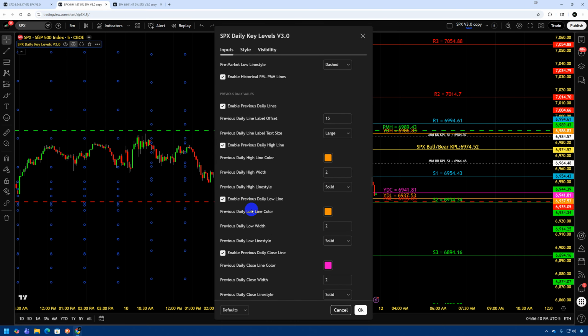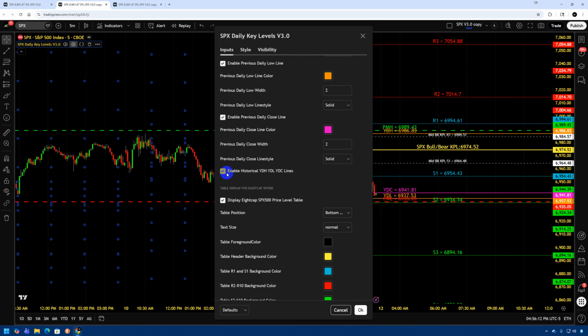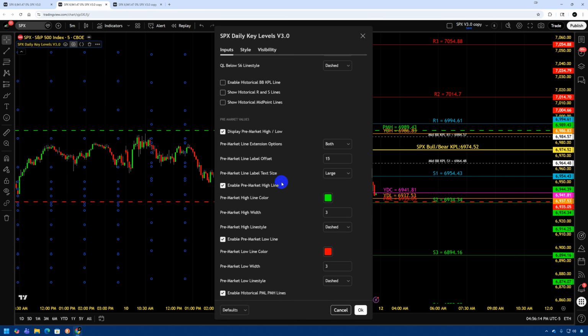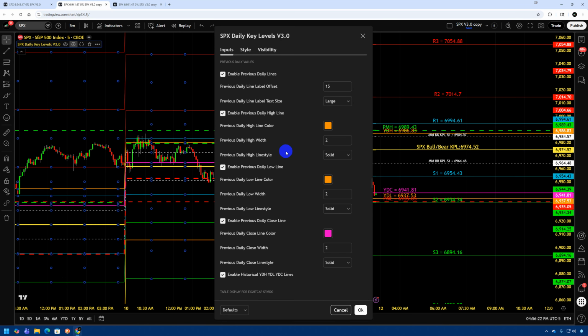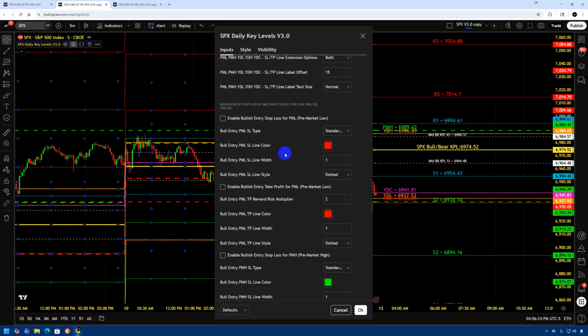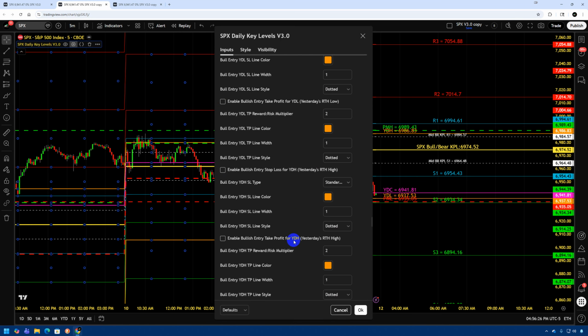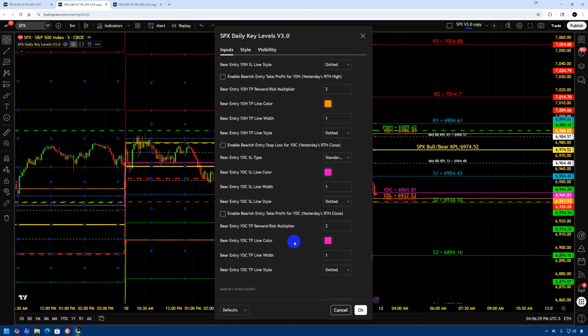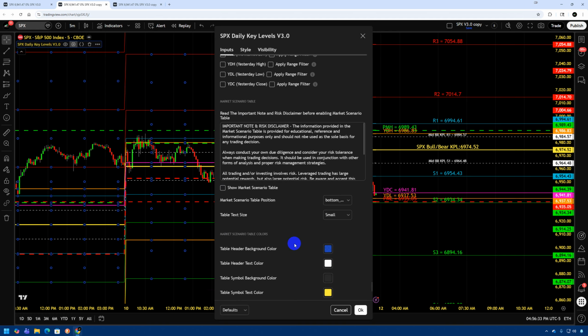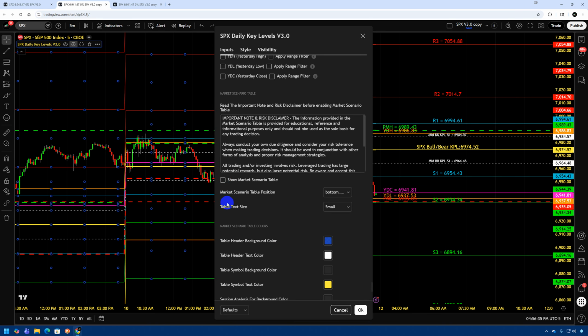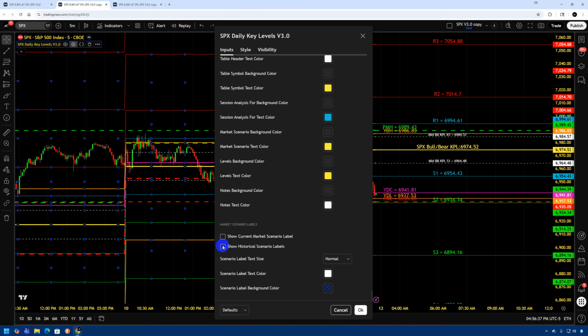So now we'll enable historical PML, PMH, historical YDH, YDL, and YDC, historical midpoint, RNS, historical BBKPL. And we will also turn on the historical market scenario labels.